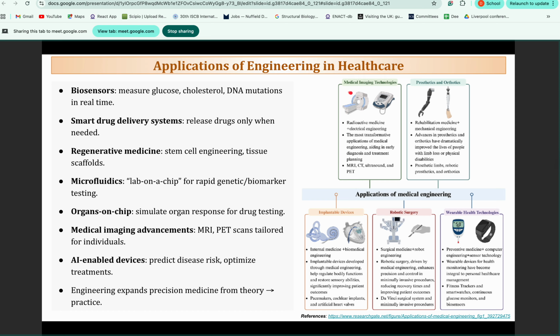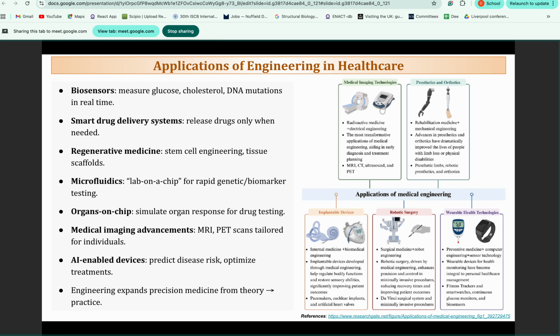Some of the examples are shown here: the MRI machines and other machines which perform CT scans, ultrasounds, and PETs. Then the prosthetics and orthotics, such as the prosthetic arm or prosthetic leg. They are also examples of bioengineering, designed with the help of biomaterials, and they are sensitive.